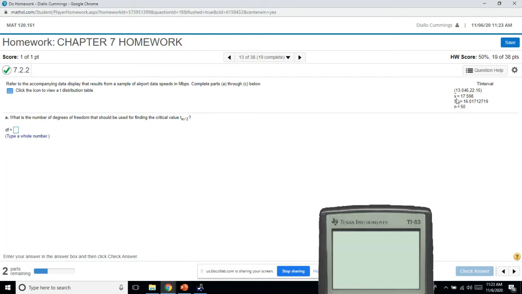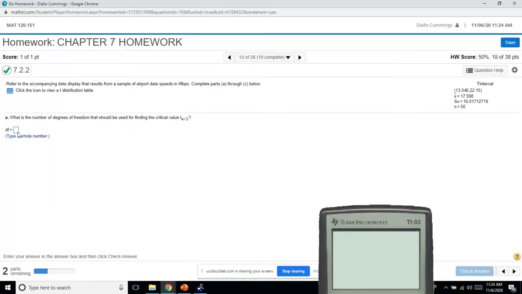I have my sample mean, which is 17.598. The sample standard deviation is 16.017, and n is equal to 50. Now we're asked, what is the degrees of freedom that our T critical value can have?